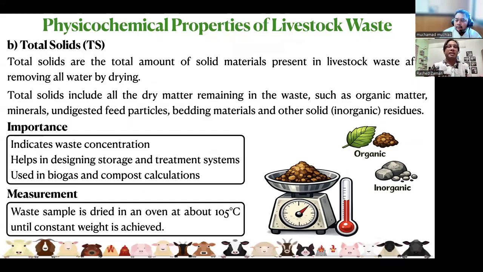Everything present in the waste other than the water content is known as the total solids of the livestock waste. It includes all the dry matter remaining in the waste, such as organic matter, minerals, undigested feed particles, bedding materials, and other solid residues.